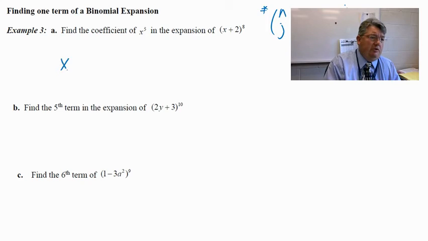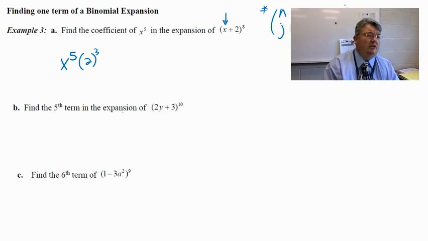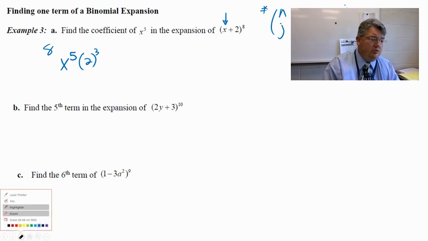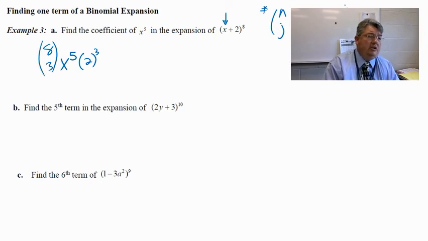The coefficient of x to the fifth. Well, that means it's going to be x to the fifth. That x to the fifth comes from there. If this x is to the power of 5, the 2 then is to the power of 3, because 5 plus 3 have to make 8. And then this is going to be 8 choose 3, because when you're finding the term here, this number will always be the same as that exponent.